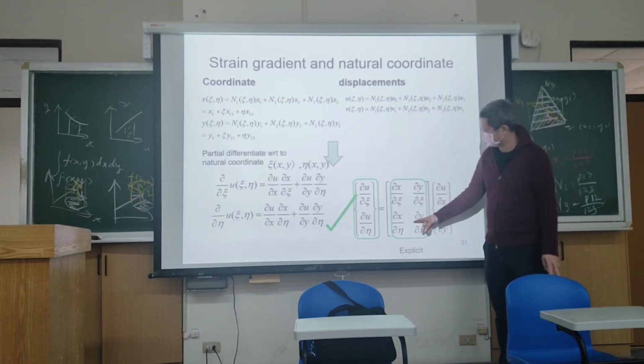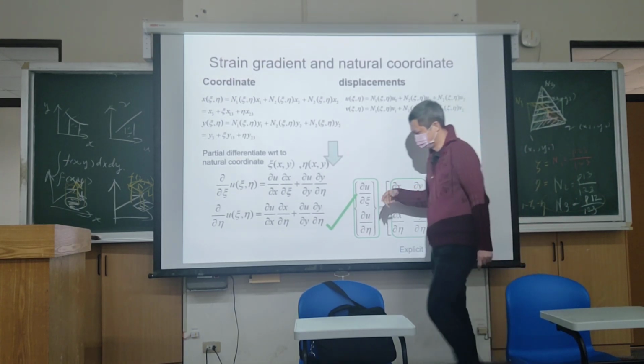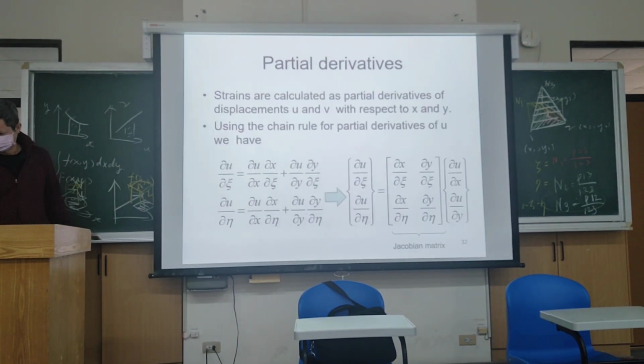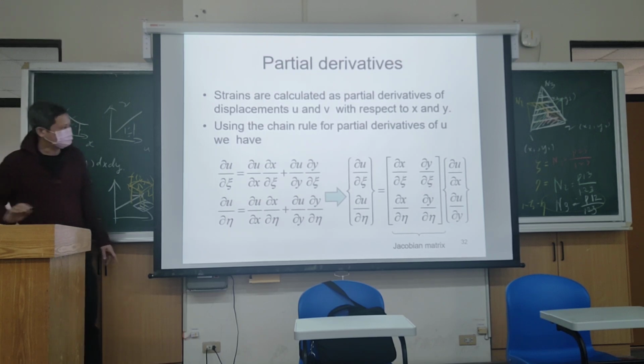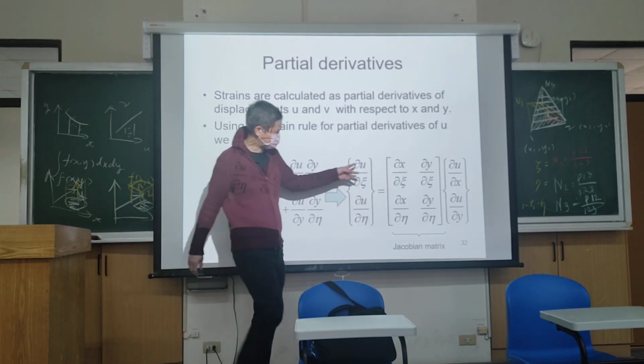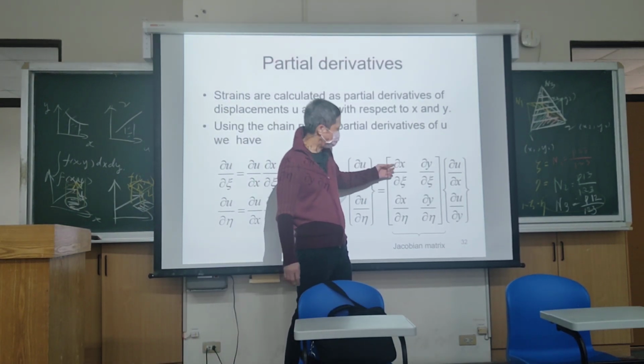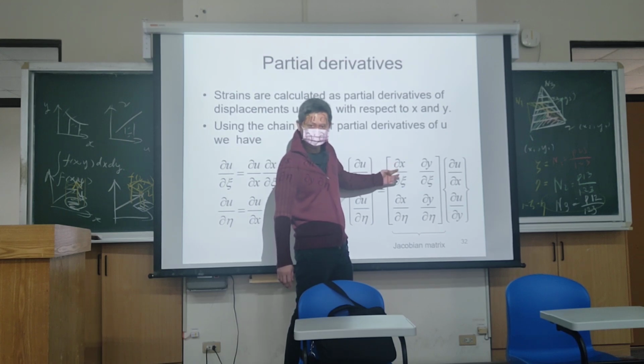This is not really it, you need the inverse Jacobian for that. Okay? So because of these transformations, now you see this expression, the Jacobian, can be obtained directly from the interpolation of your physical coordinate.